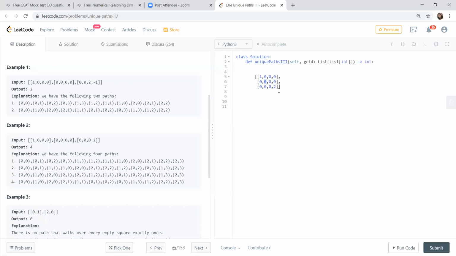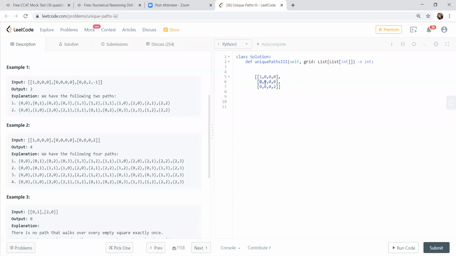From this 0, we start going to the left, go all the way down, then right, and then up, and then right, and then down. So we found one answer. Now we backtrack, and while backtracking, we mark all of these zeros as unvisited again, and then we are done with this path.